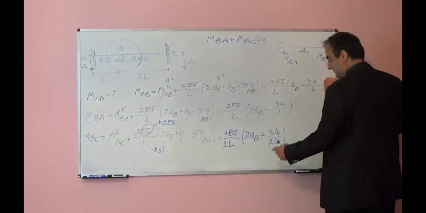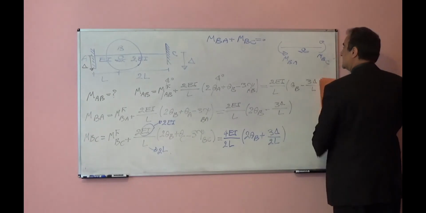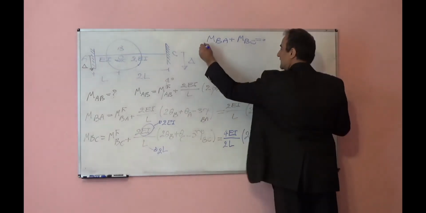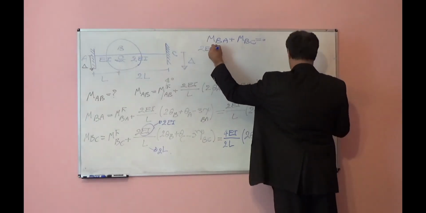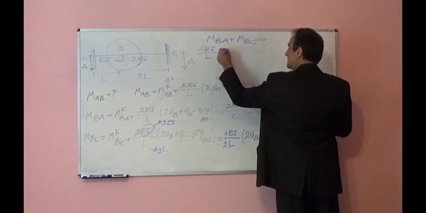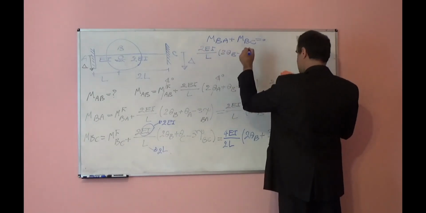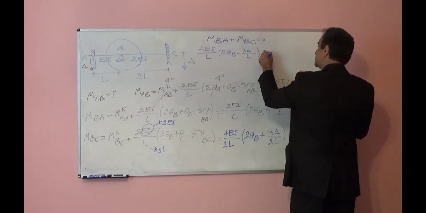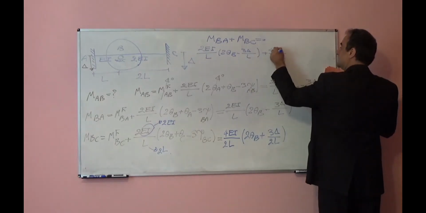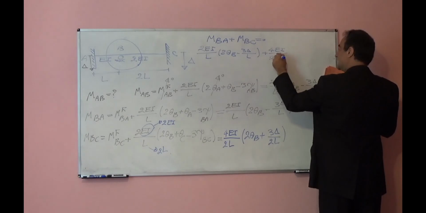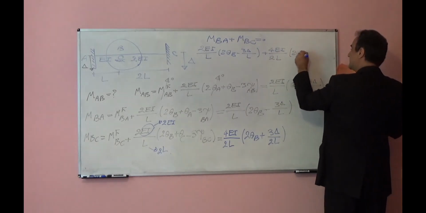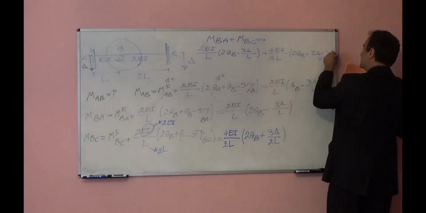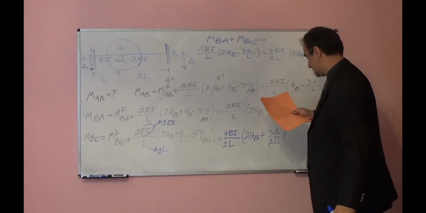Now I have MBC, I have MBA, I will plug here. I will have 2EI over L times (2 theta B minus 3 delta over L) plus 4EI over 2L times (2 theta B plus 3 delta over 2L) is equal to 0.